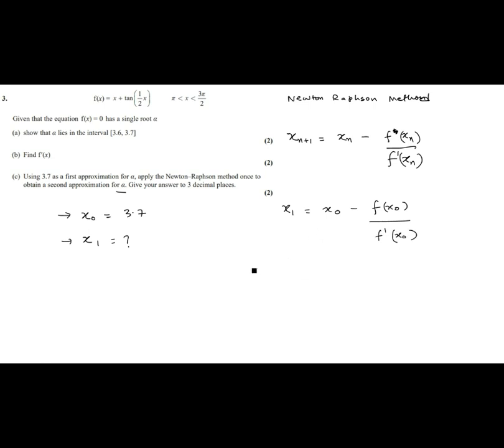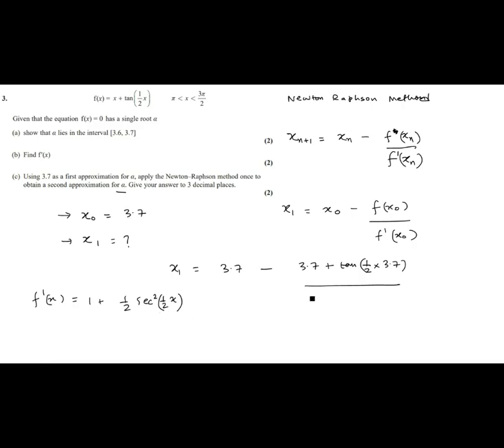Now x1 will be x0, which is 3.7, minus f of x0. So x is 3.7 plus tan half times 3.7. We have already calculated this value. That will be the value of f of x0 divided by f dash x, which we wrote as 1 plus half sec squared half x.